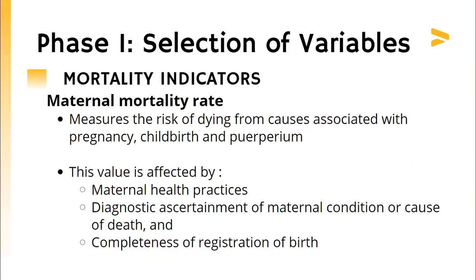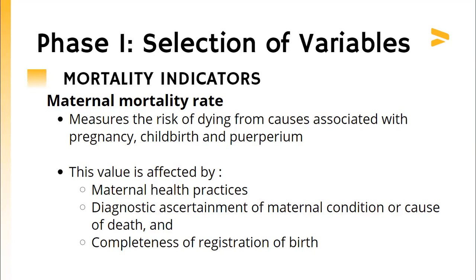Next, we have what we call the maternal mortality rate. Infant mortality rate, fetal death rate, and neonatal death rate talk about the death of the baby. Now, maternal mortality rate is about the number of deaths occurring in the mothers.